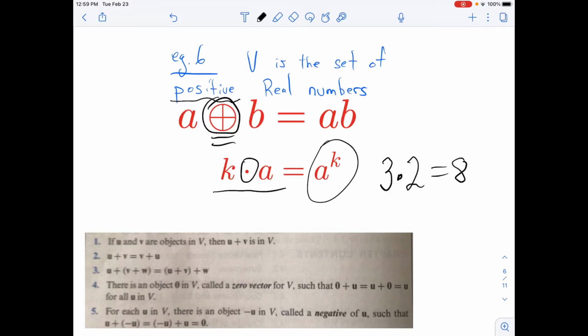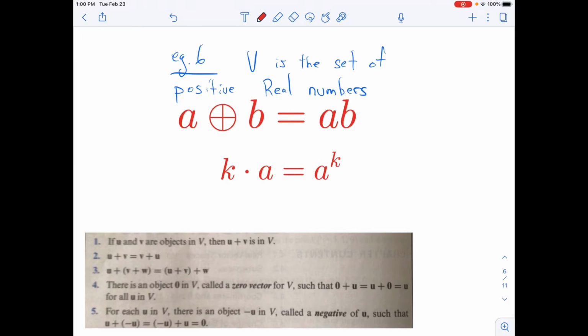a vector space. Okay, so if we look at axiom 2, that just says normal multiplication is commutative. This just says normal multiplication is associative. Now I've mentioned that 0 isn't in the vector space because 0 isn't positive, but we're looking for an object that does this.